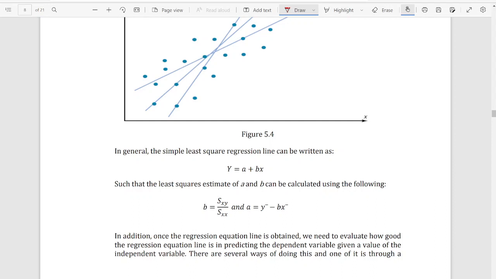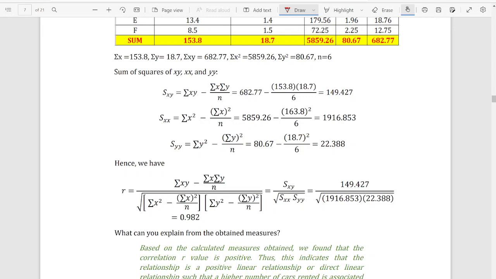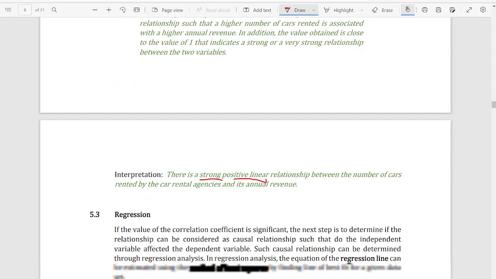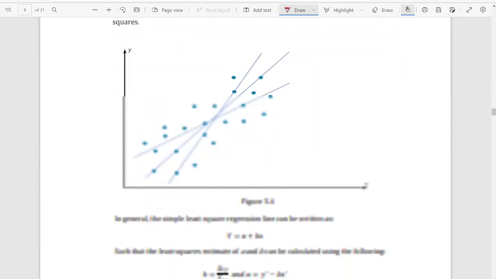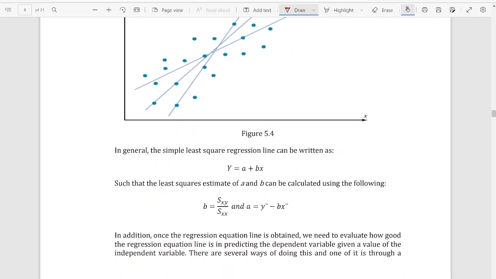Tadi kita dah ada Sxx dengan Sxy dalam contoh tadi. So these are the values yang kita perlu carikan. You substitute in the formula, so you will get the value of b, and use the value of b obtained to get the value of a.